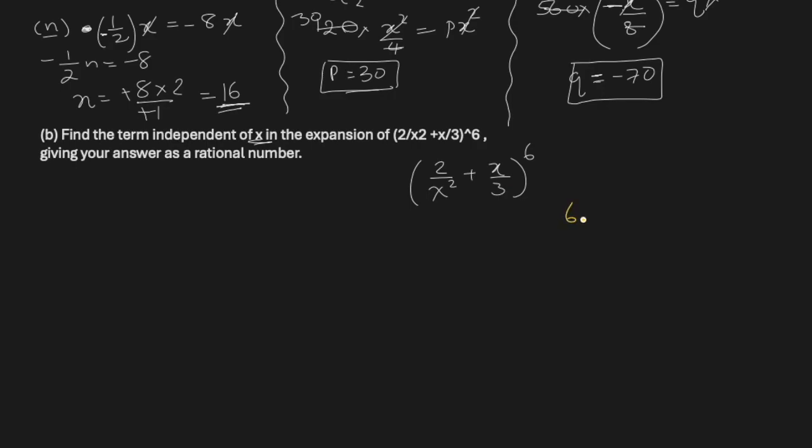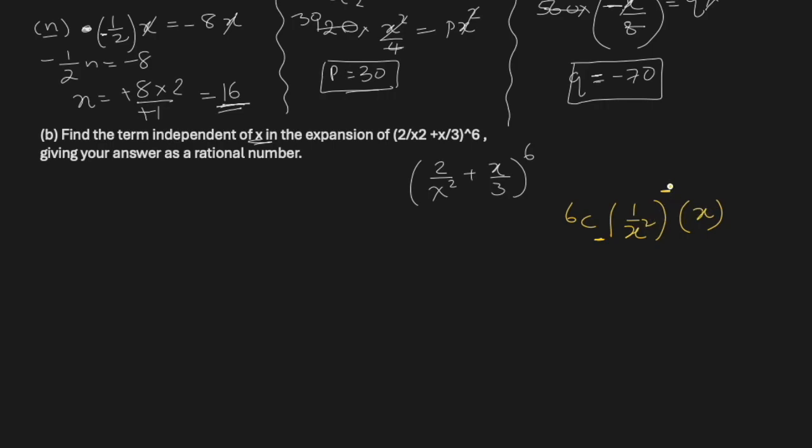So 6C something. I'm not looking at 2 and 3 because they have no role in x. So I will write 1 over x square to the power of something, and x to the power of something else. I'm not writing 3 also. What exponent should I give to 2 so that it cancels this one?